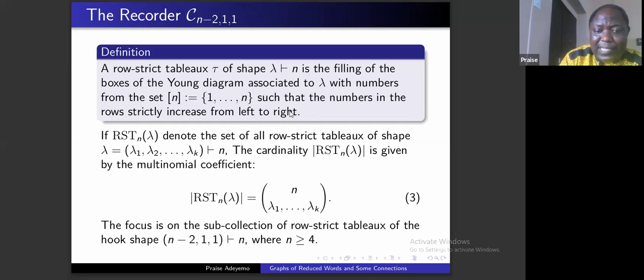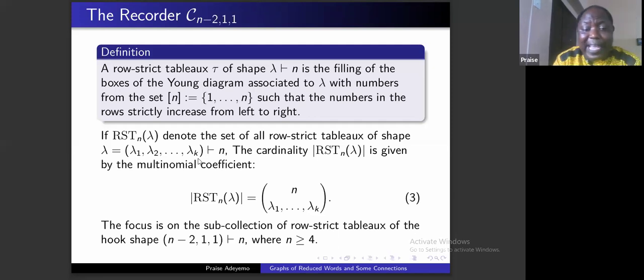So when we have a partition like this, you associate to it a diagram, and you talk about filling the boxes of the diagram with numbers, such that the numbers in each row increase strictly from left to right, but you don't bother about what happens to the columns. You are only interested in what happens to the rows.